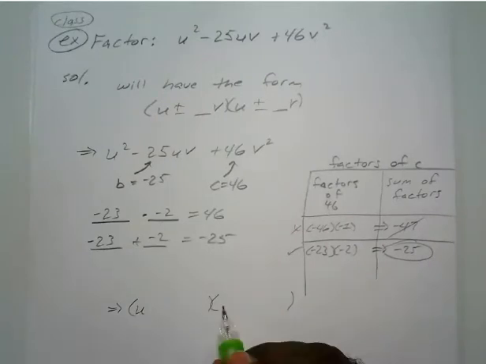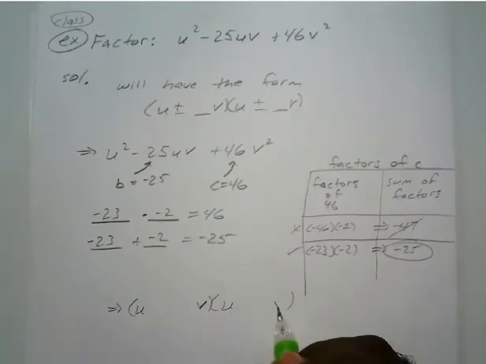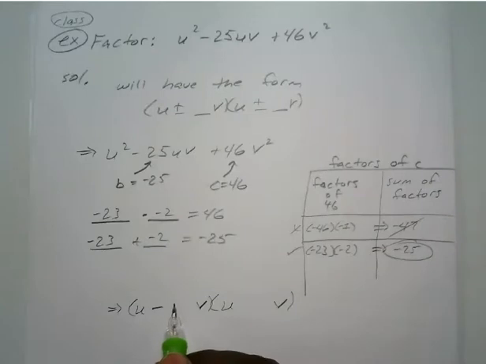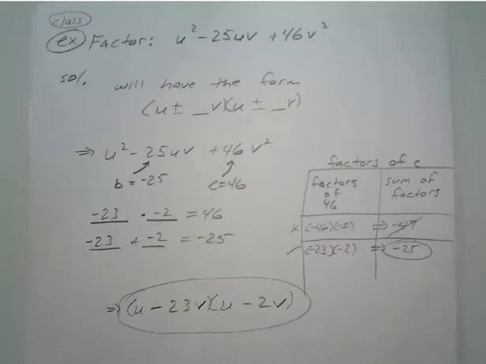We have our u in our first term, and we're going to have our v in our last term. We have minus 23 and minus 2. Okay, so it's u minus 23v times u minus 2v. Or if you want to switch it around and have u minus 2v times u minus 23v, that's correct also. Okay, so that would be your answer.